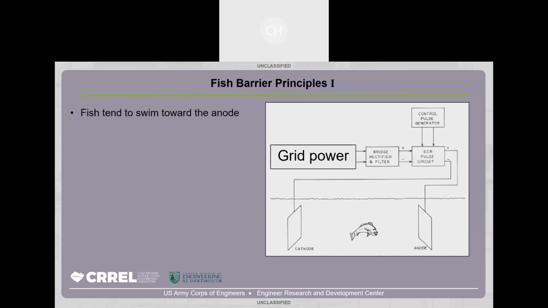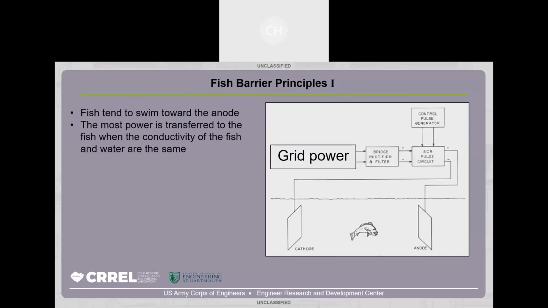But I will probably use the words cathode and anode. In this presentation, when I say cathode, I am referring to the negative voltage, or electrical ground, and anode as positive.